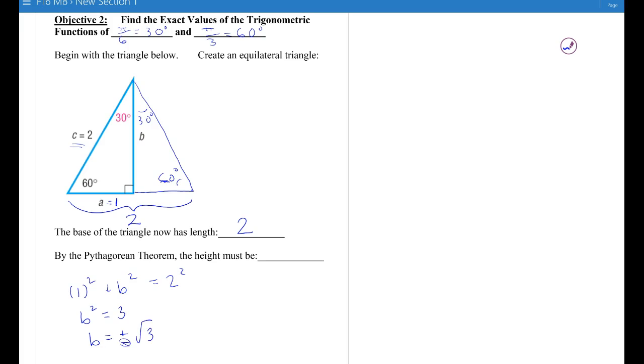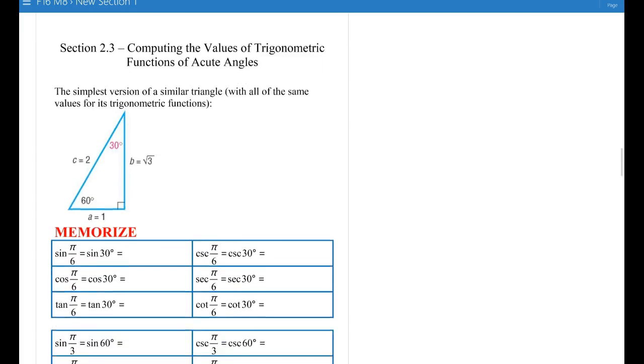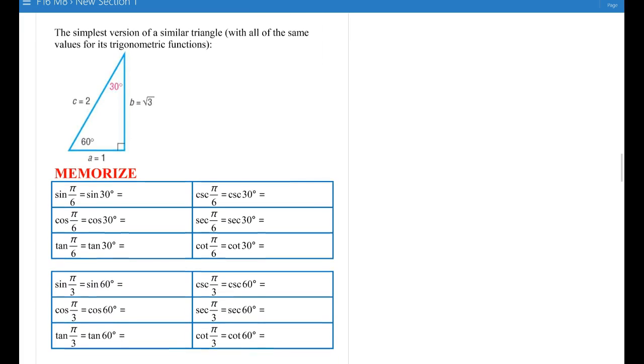But again, we're in a real triangle, so b must be square root of 3. So I'm showing you this so you can remember where these values come from and that we didn't just make them up. So the simplest version of a similar triangle with all the same values for its trigonometric functions would be with the base 1, the hypotenuse is 2, and then the height would be root 3.